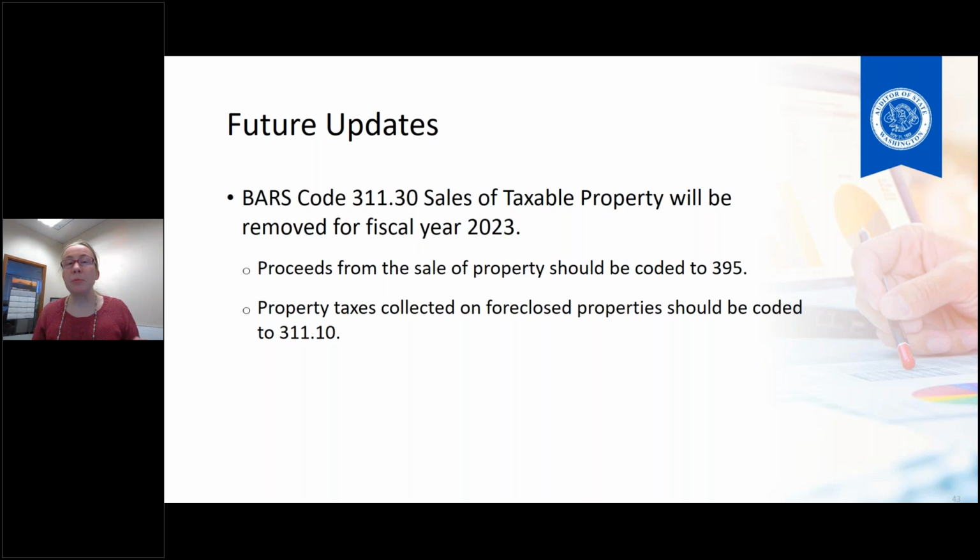So we will be removing that code, the 31130, and now we are going to specifically state that if you sell property, it should be coded to the appropriate 395 code.